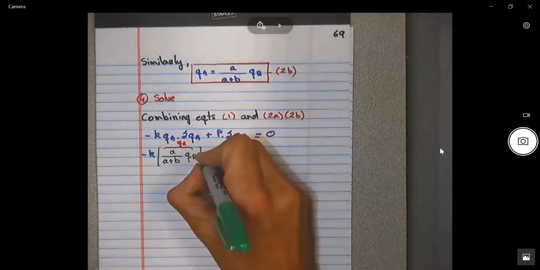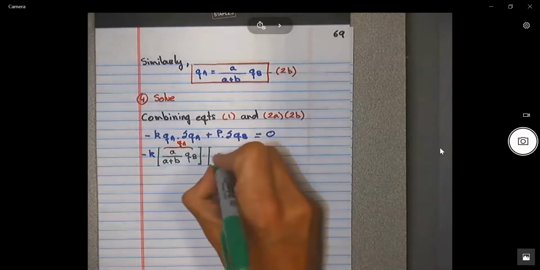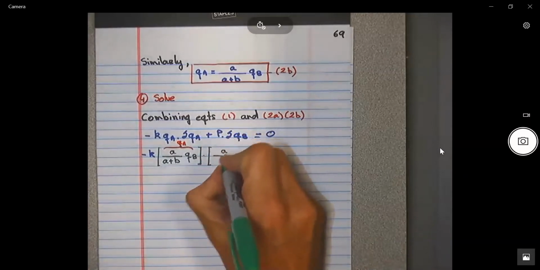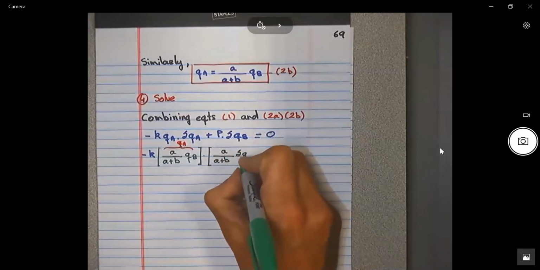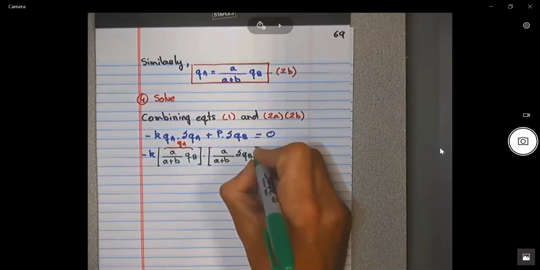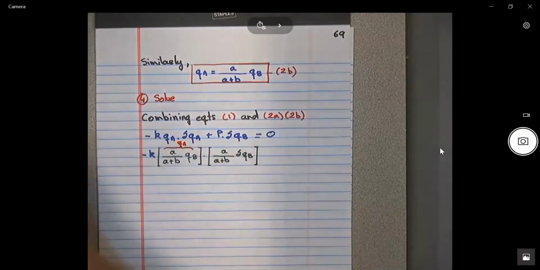It will be the same thing, a divided by a plus b delta q sub b.